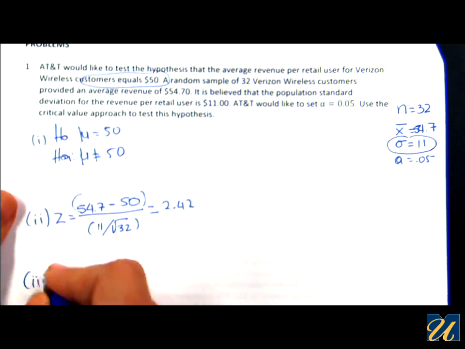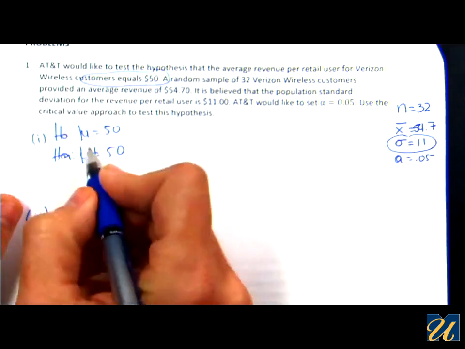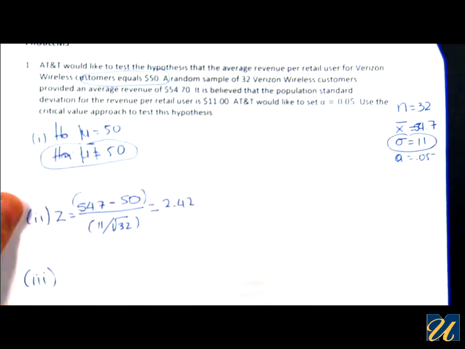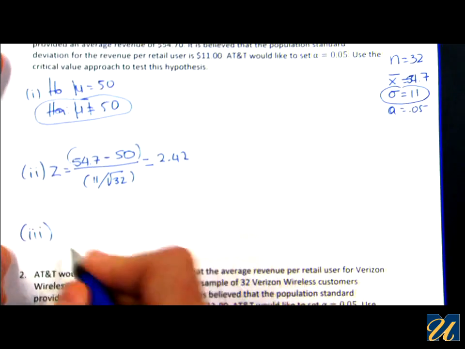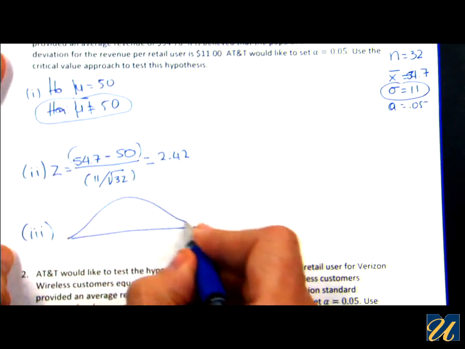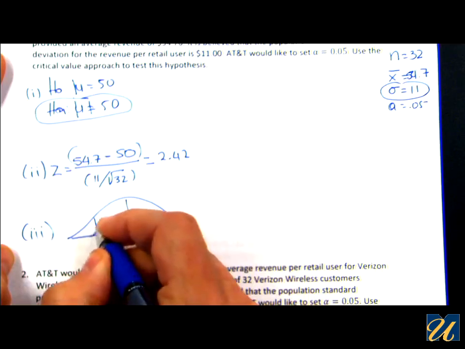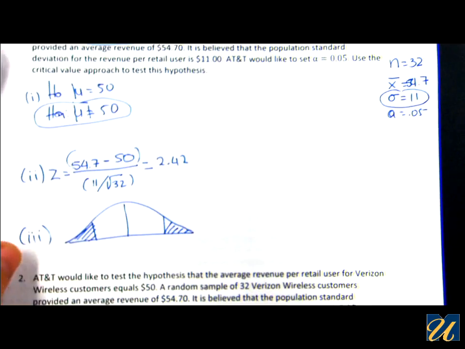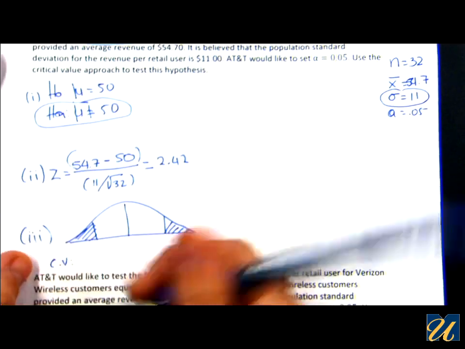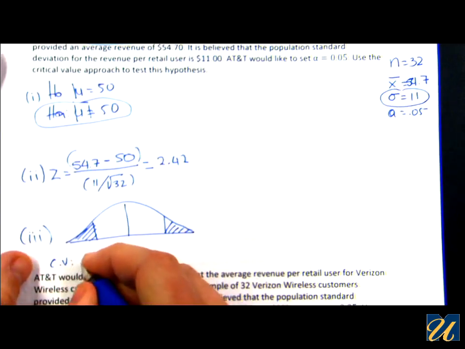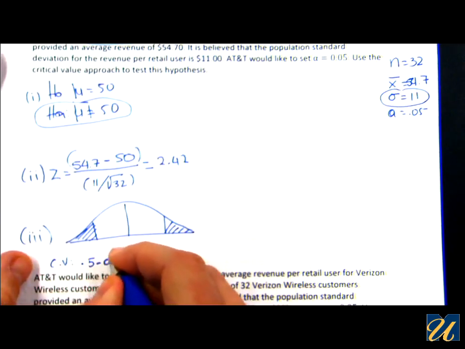Step 3, critical value or critical values. In this case, you look at the alternative hypothesis. You have a two-tailed test. That means you will have two rejection areas, two critical values. Since I have a z-test, I find the critical values by doing 0.5 minus alpha divided by 2.